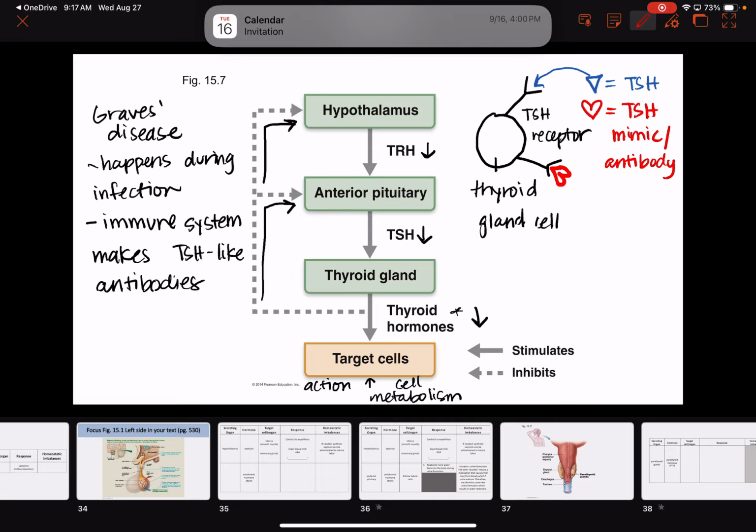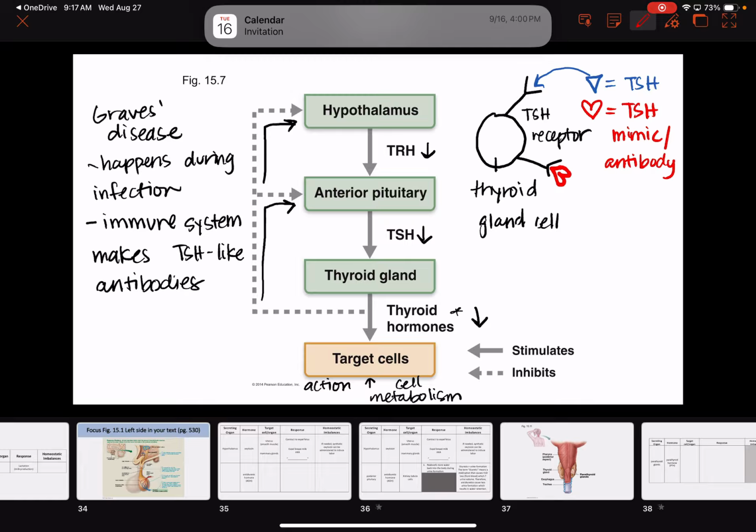Okay. So what ends up happening with somebody with Graves' disease is we have this negative feedback loop, right? If there's too much thyroid hormone, we have a negative feedback loop to tell the hypothalamus to slow down production of TRH. We tell the anterior pituitary to slow down production of TSH, and that should bring our thyroid hormone levels back down.